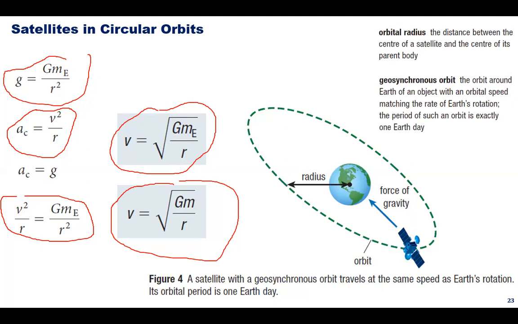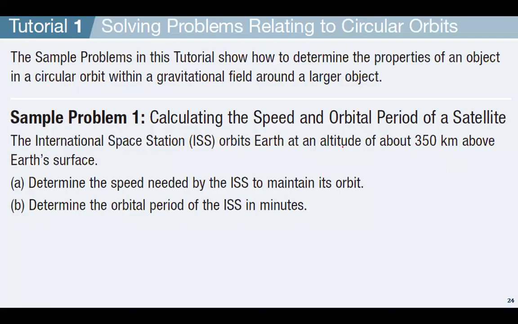Okay, next, let's consider a sample problem in which we'll explore how we can use the equation for orbital speed in problem solving. Let's consider this problem here: calculating the speed and orbital period of a satellite.